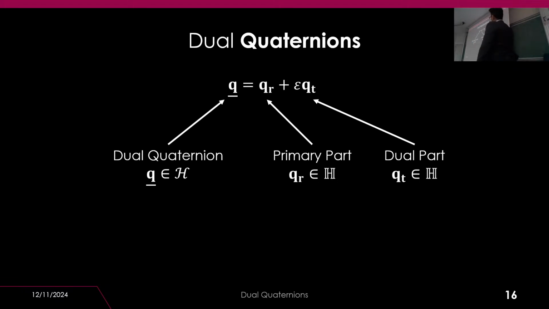Now, in order to represent pose, we choose this representation, which is the primary part representing the orientation and the dual part as half of the quaternion product between the rotation and the translation. This encodes very neatly, very efficiently a given pose.